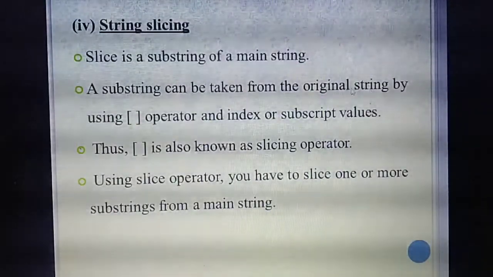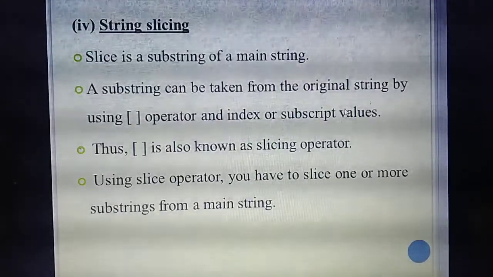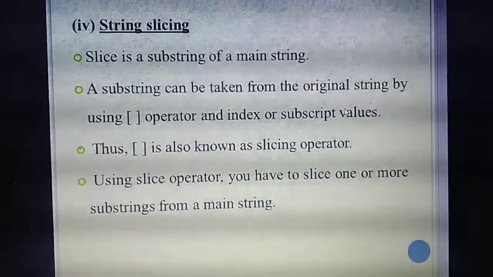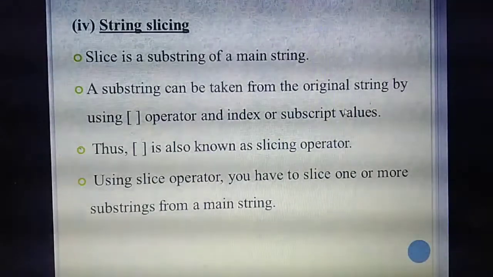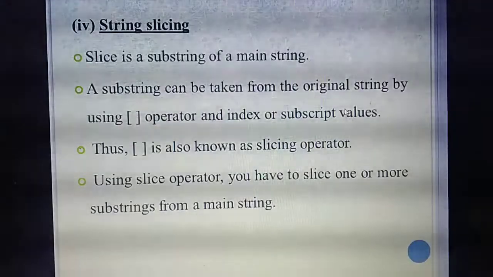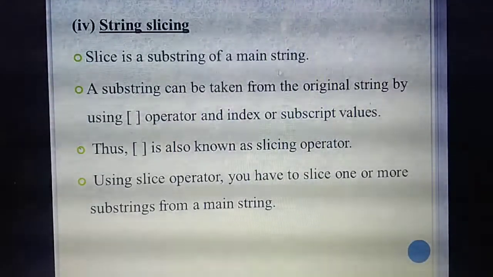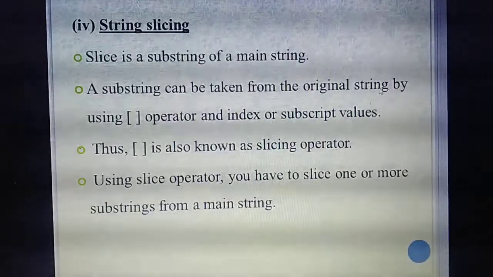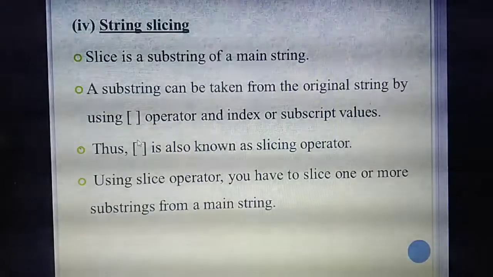A substring can be taken from the original string. For example, the already said example, computer. I have taken the first 3 letters, C-O-M. That is a substring, taken from the original computer word. Okay, understand? So a substring you can take from the original string by using the bracket operator.